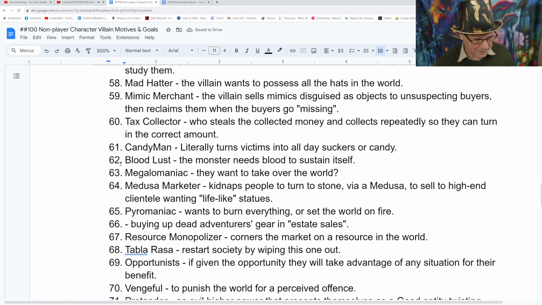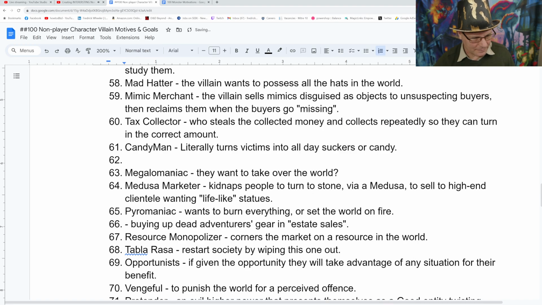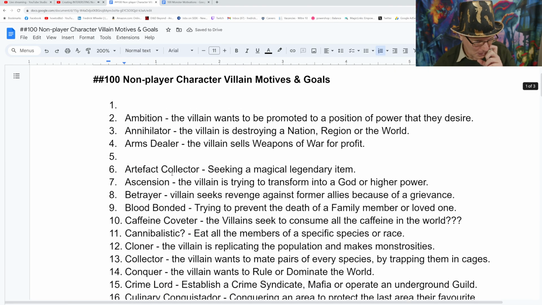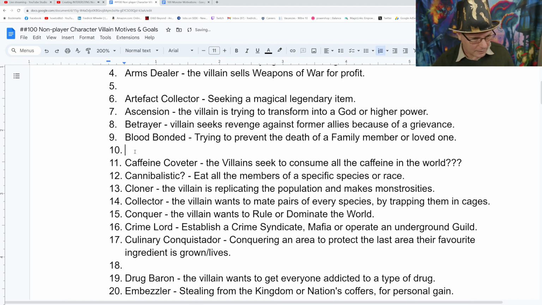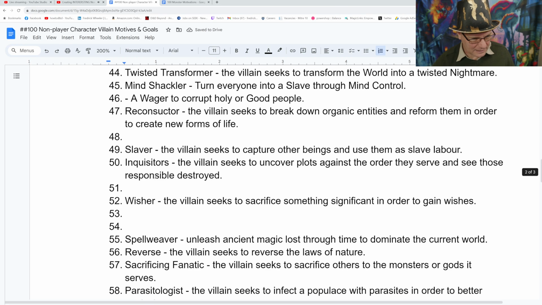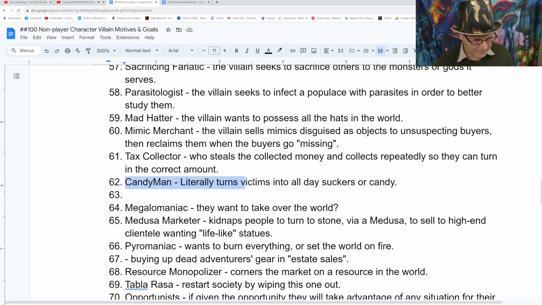Okay. Oops, there's a B. Bloodlust. Ooh. And Candyman. Love that. Candyman. Bloodlust. Got to have a villain who likes blood bond, bloodlust. So bloodlust would be after blood bond, would it not? It would. It goes there. So next, Candyman. We can grab that.